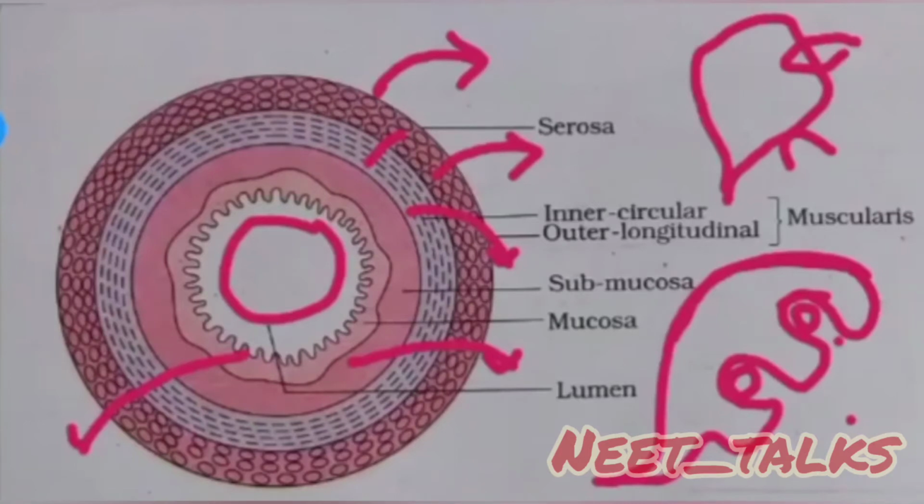Suppose there is a pile of bamboo sticks, and we have to bind those bamboo sticks together. For that, we take the help of a rope. So the bamboo sticks are tied around the periphery with the help of a rope. The rope resembles the circular muscles and the bamboo sticks resemble the longitudinal muscles. This is the case of our earthworm.